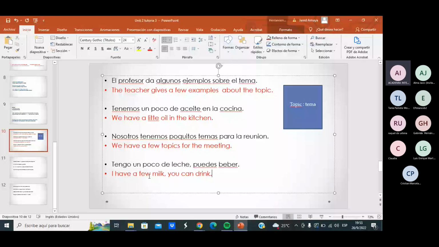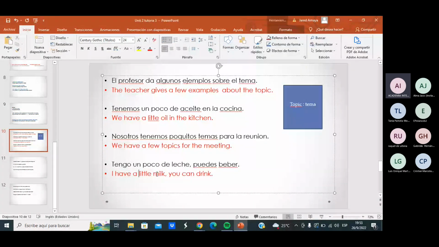Okay, someone says a little. What do you think, Gabriela? Do you think that we need to use a little or a few? Yes, a little, because milk, as you said, is an uncountable noun.